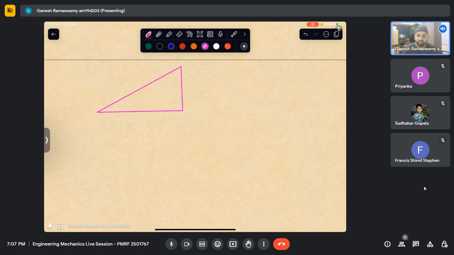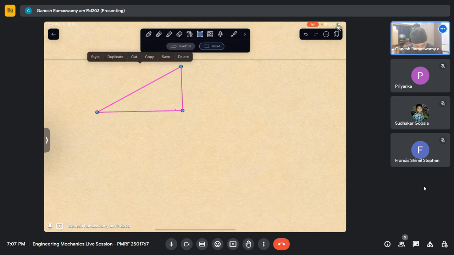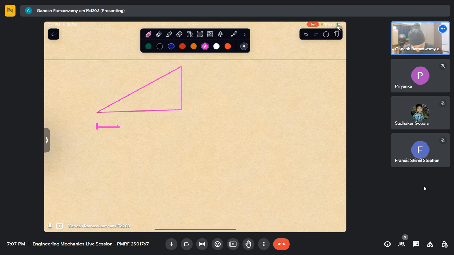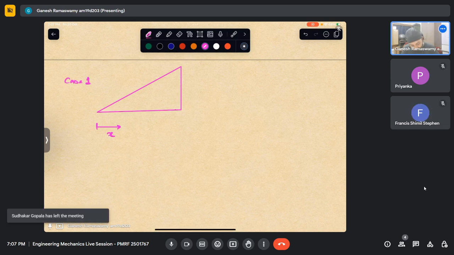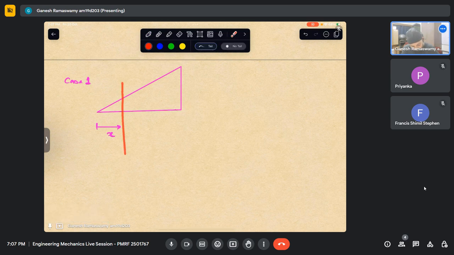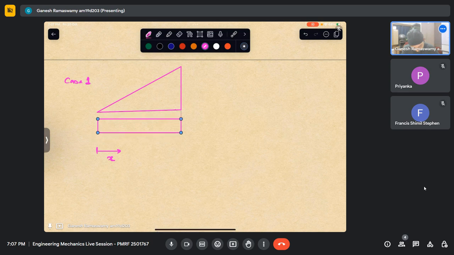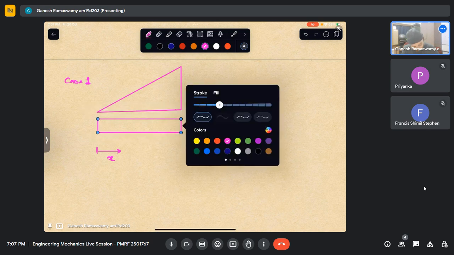The area of a trapezium is a little involved. So let us say that this is my x, case 1. So when I isolate this, let me also draw the beam actually. Let my beam be like that. Let this be the beam.